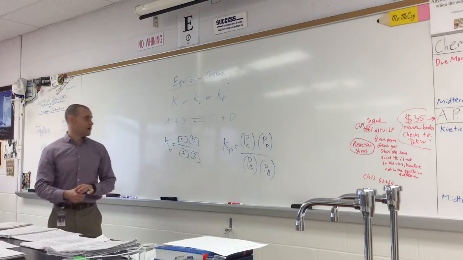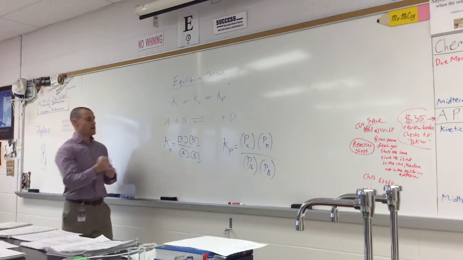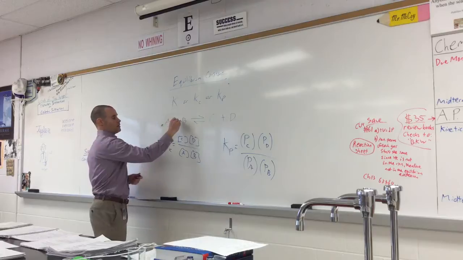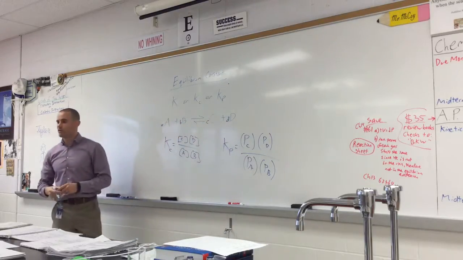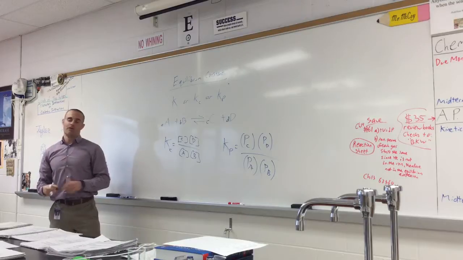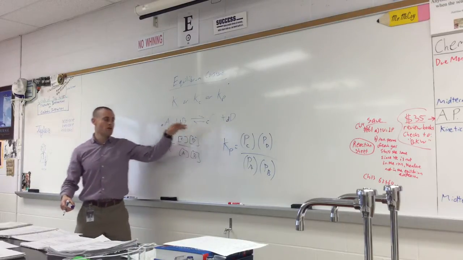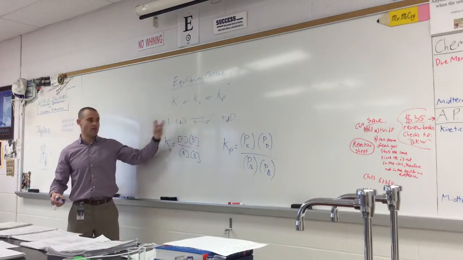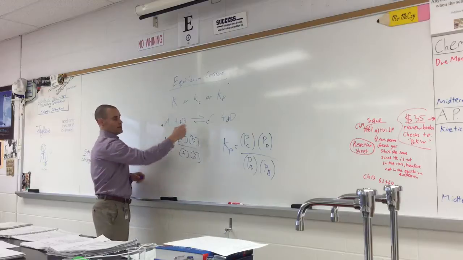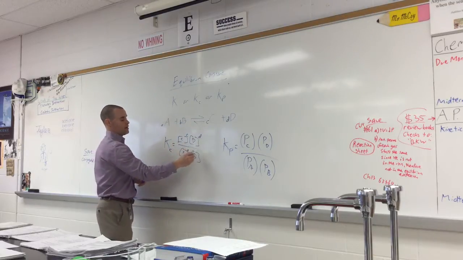The only thing I would like to add, I should have done it first, is let's put a little a, little b, little c, and little d in front. Those represent the coefficients. So if this is a 2 and this is a 3 and that's a 1 and that's a 2, you would raise your reactants and products to that coefficient. So C would be raised to the little c, D to the little d, A to the little a, B to the little b.